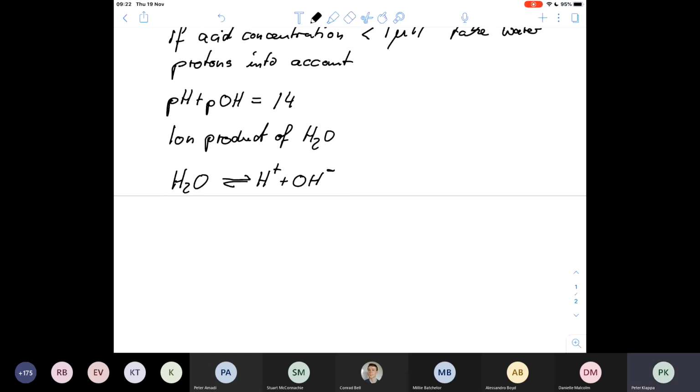So we can actually write this as an equation. Once this is happening, we can write this as a constant, and we usually abbreviate it with Kw, which equals the concentration of the protons, that's what we have on the right hand side, times the concentration of the hydroxide ions, divided by the concentration of the water.